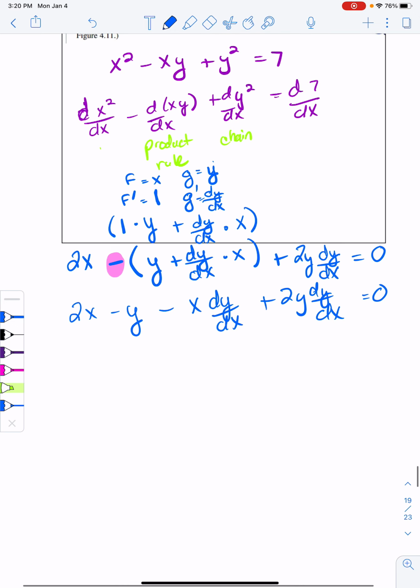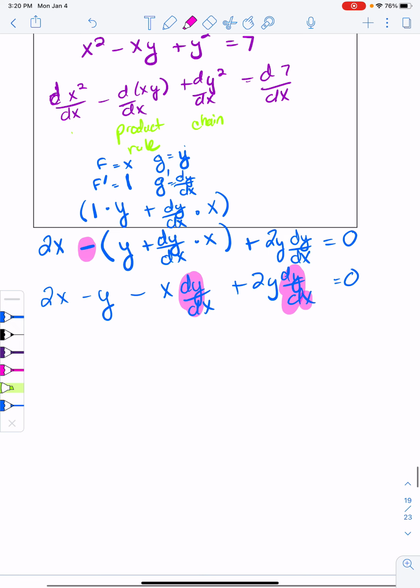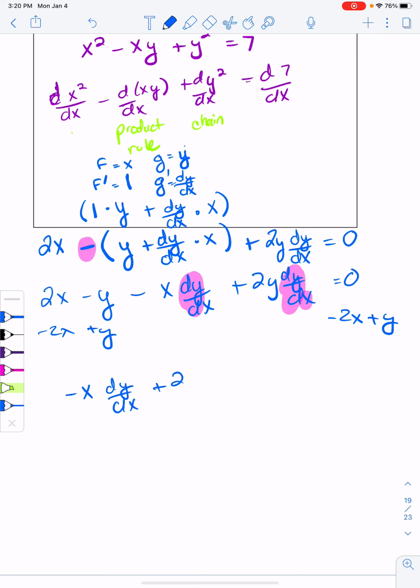And so then I want to isolate these two terms, so I'm going to move the other things to the other side. Minus 2x plus y, minus 2x plus y is going to get me negative x dy/dx plus 2y dy/dx is equal to negative 2x plus y.